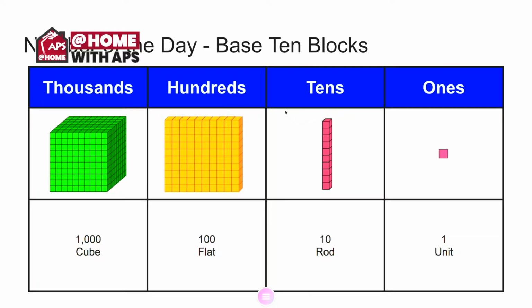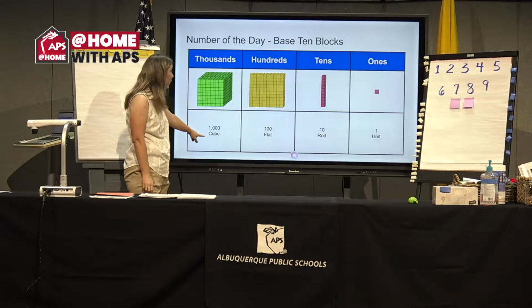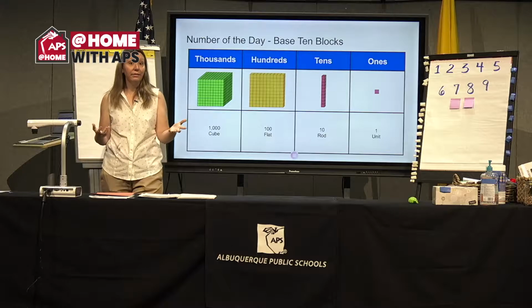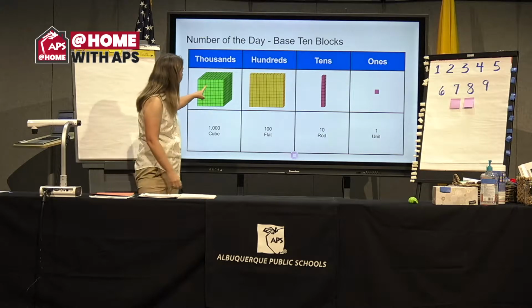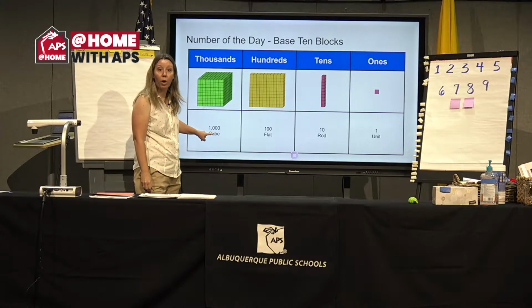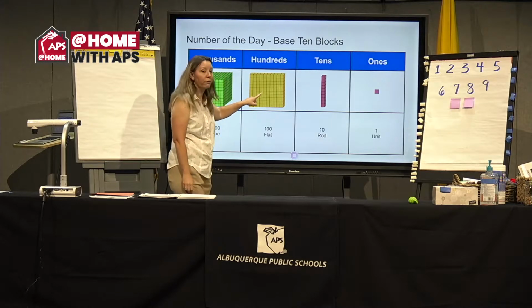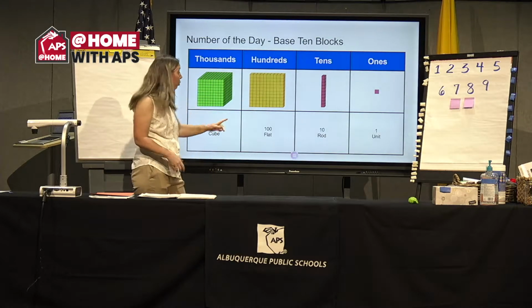Here we're asking you to use base 10 blocks, so I just wanted to review the base 10 blocks with you. Since we're working with thousands, we have that big old cube. We always ask how many pieces are in there. We have to know that the cube always equals 1,000. Our hundreds, which is our flat, is worth 100.